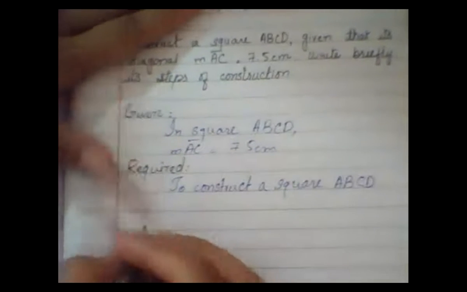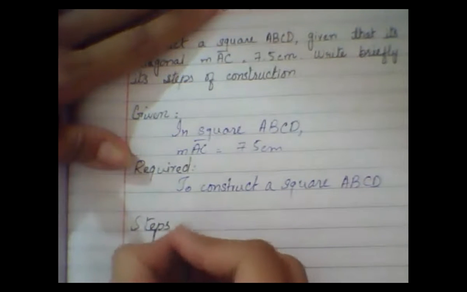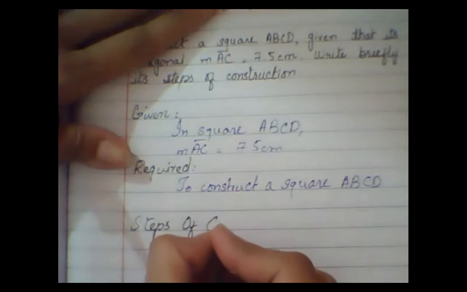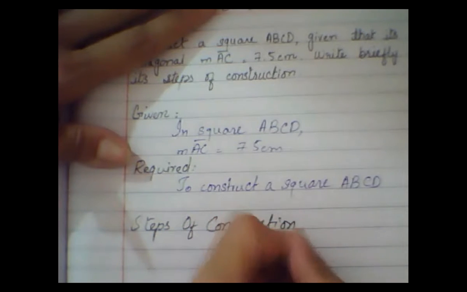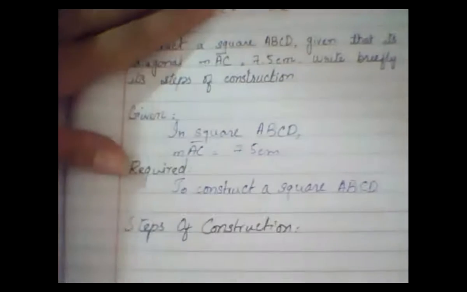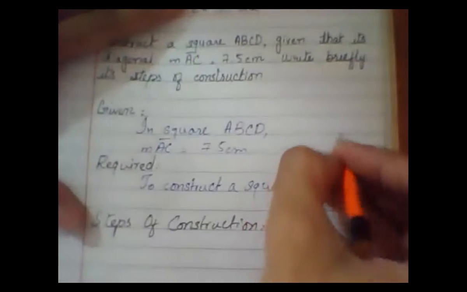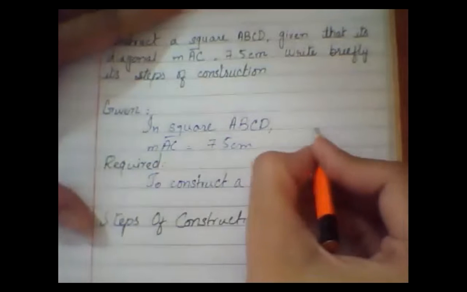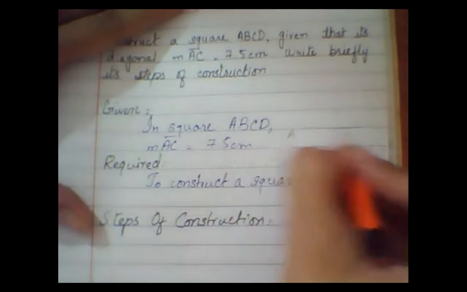Now, steps of construction. Before writing the steps of construction, we have to construct a rough sketch, and then we have to draw the proper diagram. For the rough sketch, AC is given, so first of all we have to draw the line segment AC.